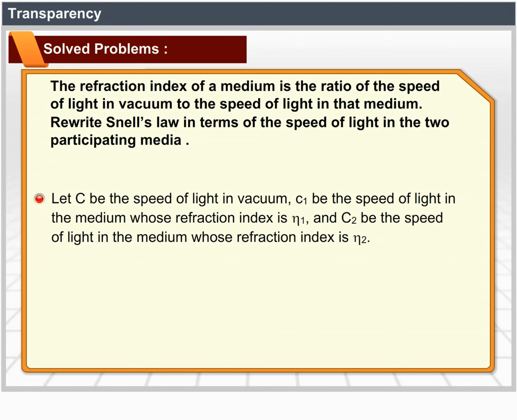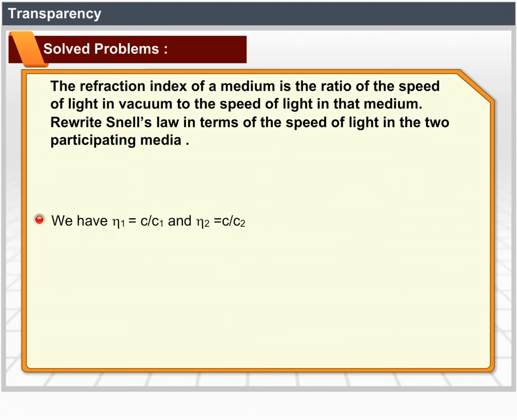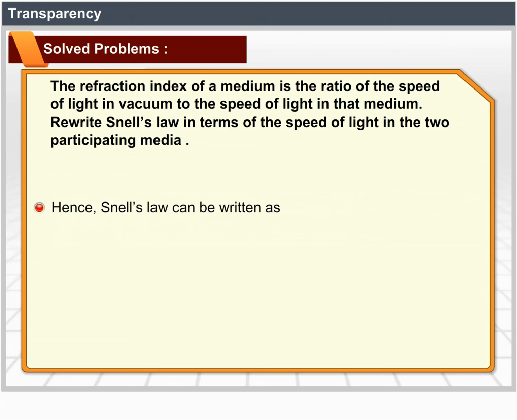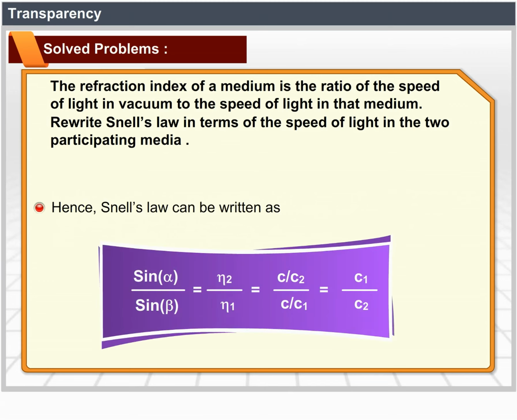We have eta 1 equals C over C1 and eta 2 equals C over C2. Hence, Snell's law can be written as sin alpha over sin beta equals eta 2 over eta 1 equals (C over C2) over (C over C1) equals C1 over C2.